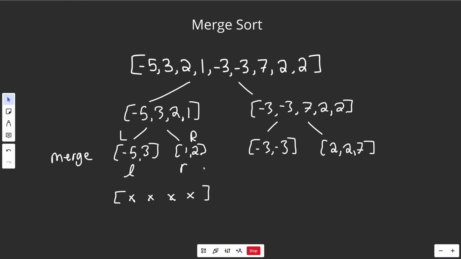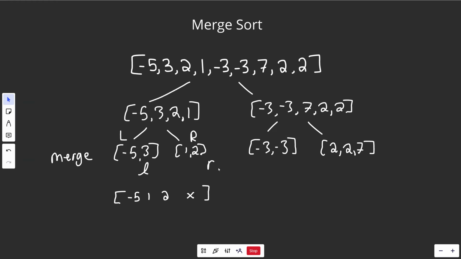So what you would do is say, do we prefer the left array at L or do we prefer the right array at R? Well, -5 is smaller, so we would prefer using L. So we would make this first value be the -5, and then we would increment L over. Now do we prefer the 1 or the 3? We prefer the 1, and so we're going to use the 1. We move R over. Do we prefer 2 or 3? We would prefer the 2.